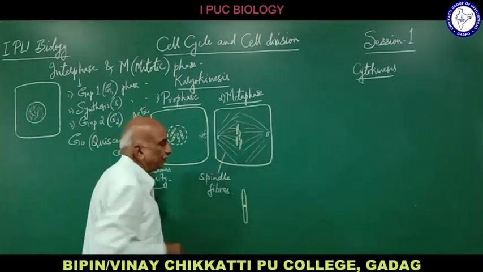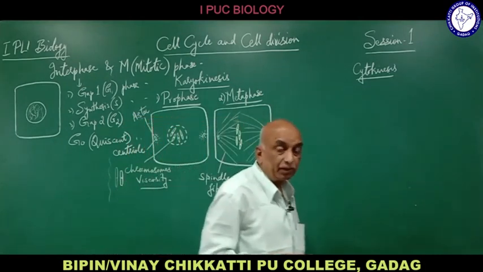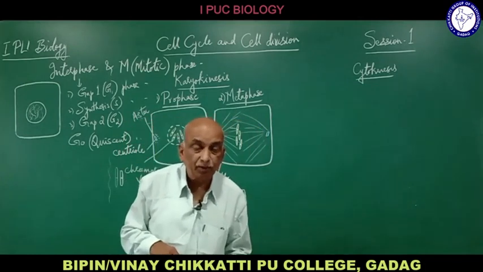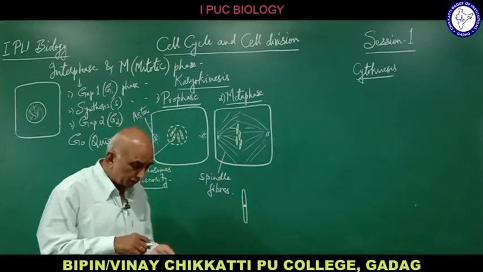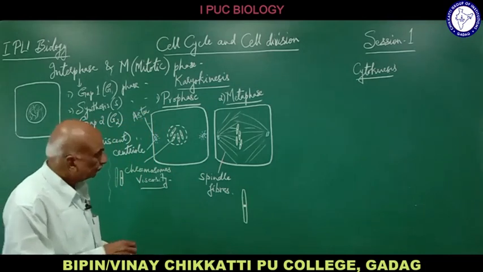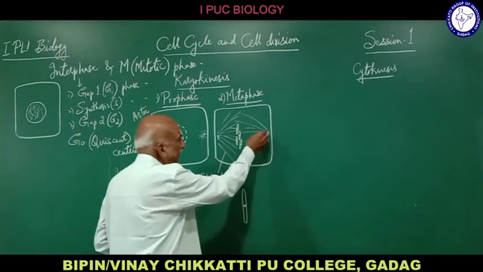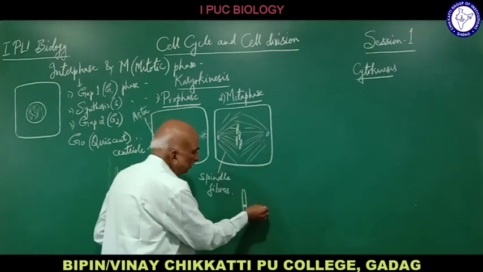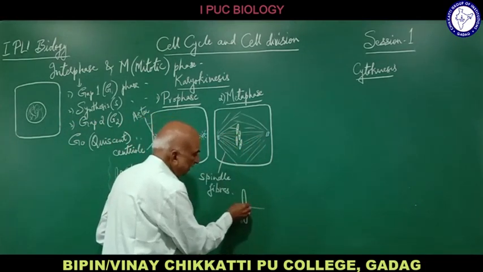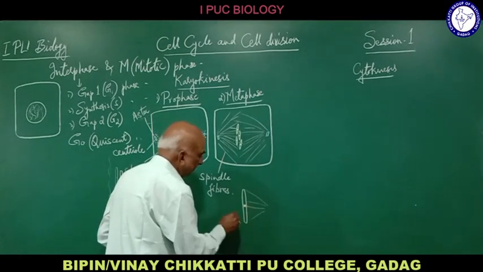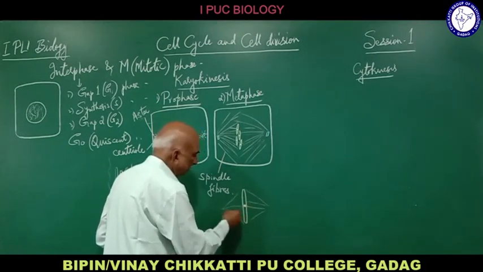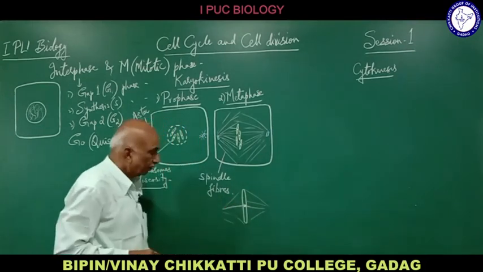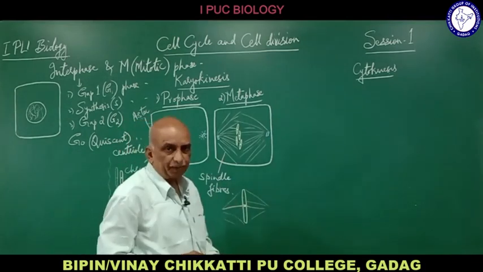Now these spindle fibers, which are also called the mitotic apparatus, spread in all directions in the cytoplasm of the cell. Some of the fibers, in different directions, attach to the centromere.